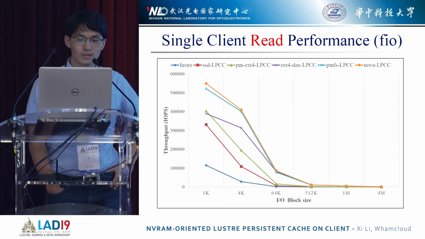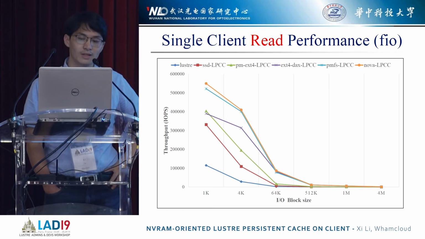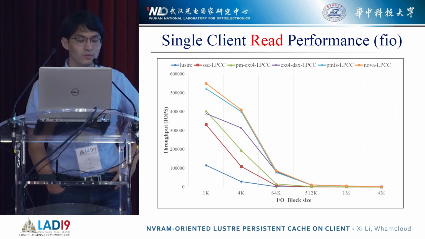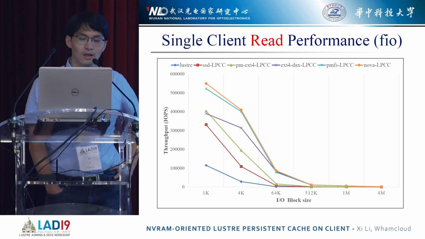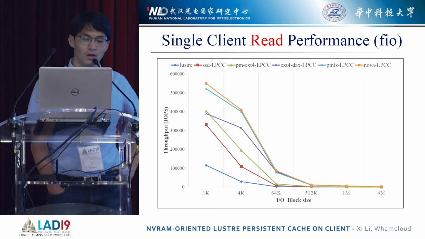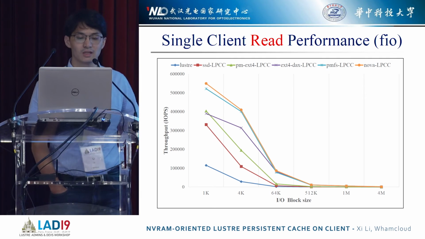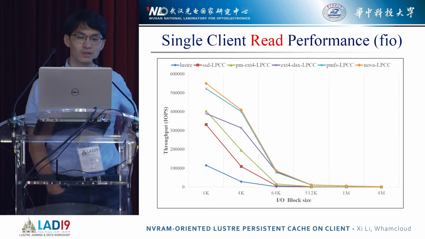But one thing interesting is EXT4 with the DAX feature. As we can see, if the I/O size is small, I mean one kilobyte, the performance of EXT4 PCC with DAX is even slower than EXT4 without DAX.